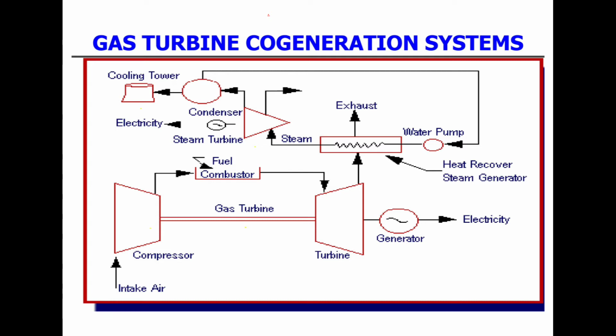At the exit of the compressor, the air enters the combustion chamber with fuel. After that, it enters the inlet of the turbine, and the exit of the turbine enters the heat recovery steam generator. After that, it will be exhausted.